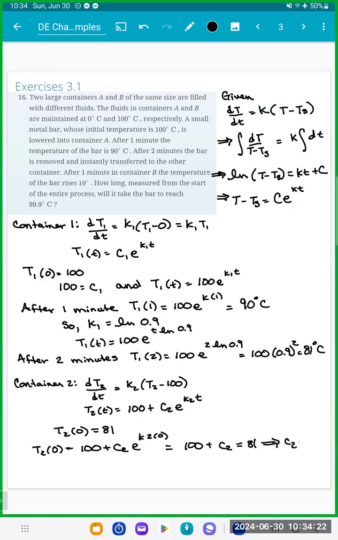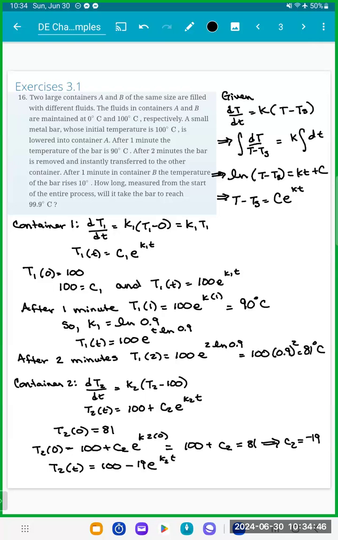Therefore, C2 is equal to negative 19. So we have that T2 of T is equal to 100 minus 19, because of the negative 19, e to the K2 T.